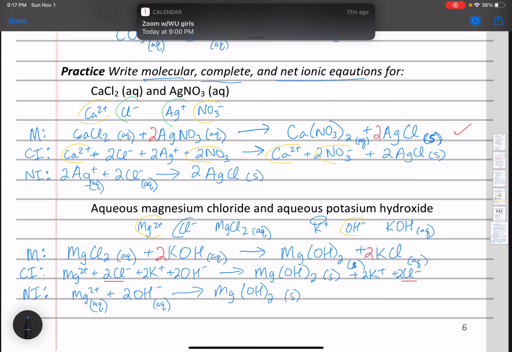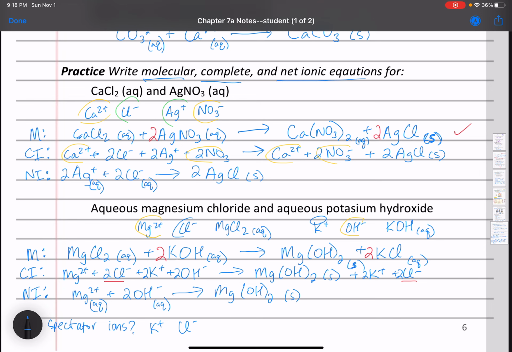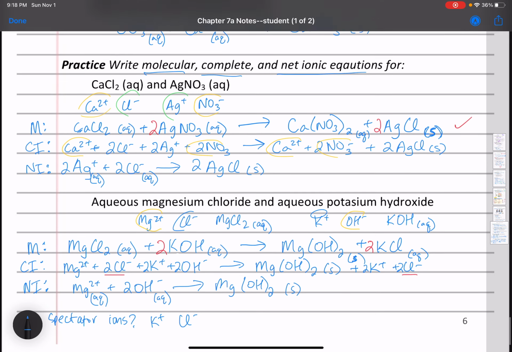And if it asked what are our spectator ions, what are they? Well, in this case, it would be our potassium and our chlorides. They are the spectator ions. They're the same on both sides of the equation. They cancel out. They are not doing anything. They are just staying aqueous, while the magnesium and hydroxide ions are pairing up and falling out of solution.